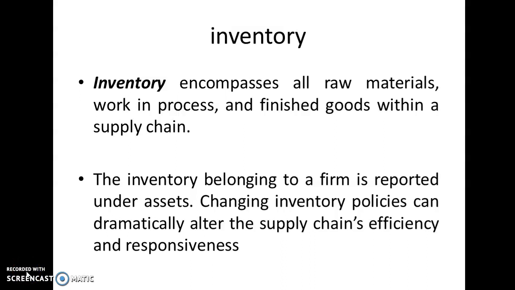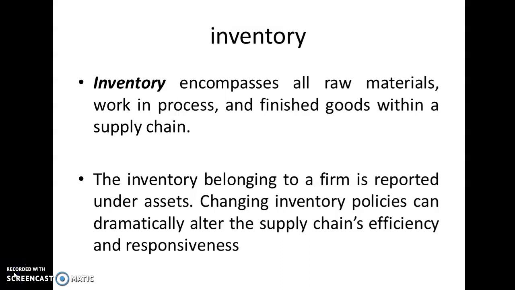Next one is inventory. Inventory consists of all raw materials, work in process, and finished goods within a supply chain. The inventory in a firm is called assets. Changing inventory policies can have impact on the supply chain's efficiency and responsiveness.